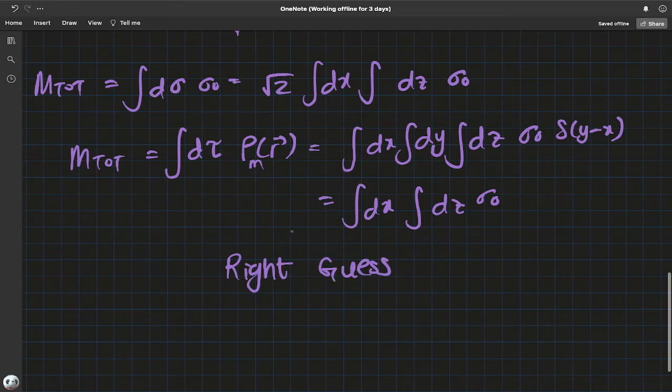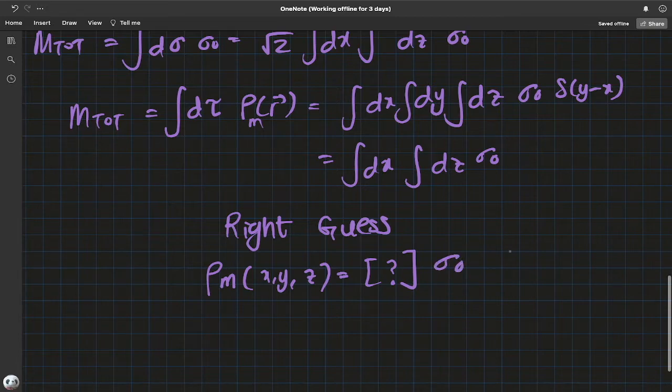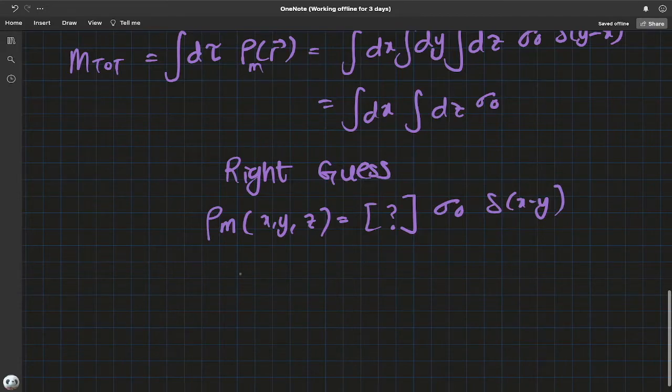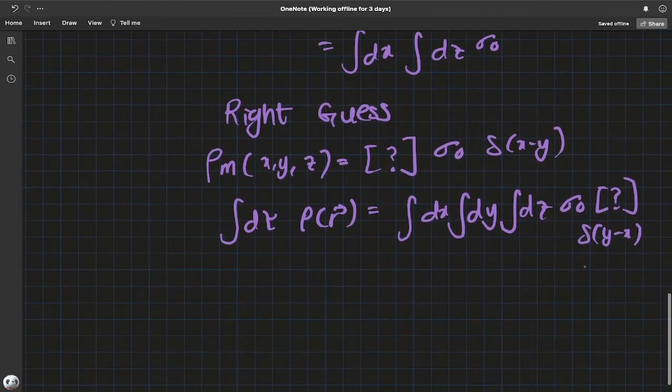So the right guess, or rather the general way of going about guessing, is to take the density function equal to some question mark factor times sigma naught and then that delta. Because now if you integrate this, you have space for some correction. Dx dy dz sigma naught question mark delta y minus x.